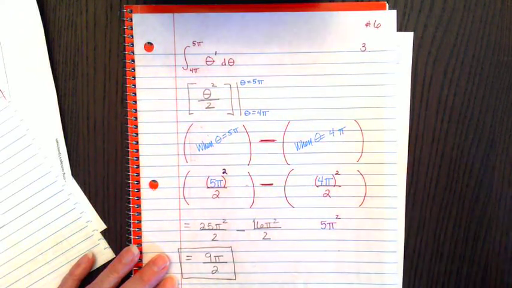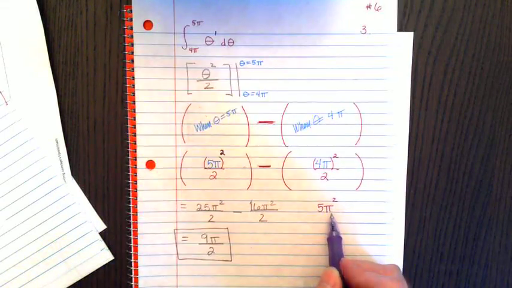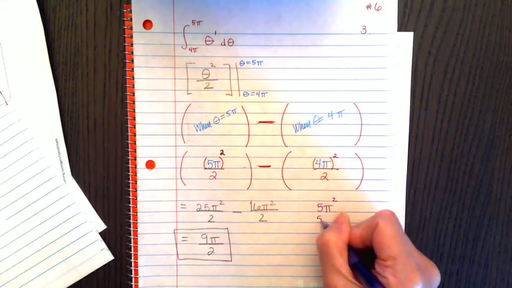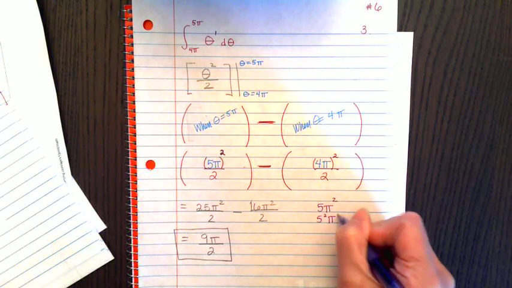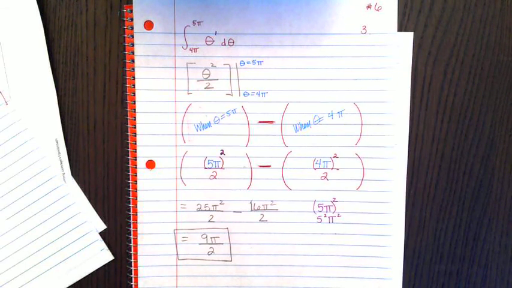What we have instead is 5 squared pi squared. We've got to square that whole 5 pi. So we're squaring the 5 and squaring the pi to get 25 pi squared. Square the 4 and the pi to get 16 pi squared. And when we calculate their difference, we get 9 pi squared. I hope that this helps. Problems 2 and 3 from the review.